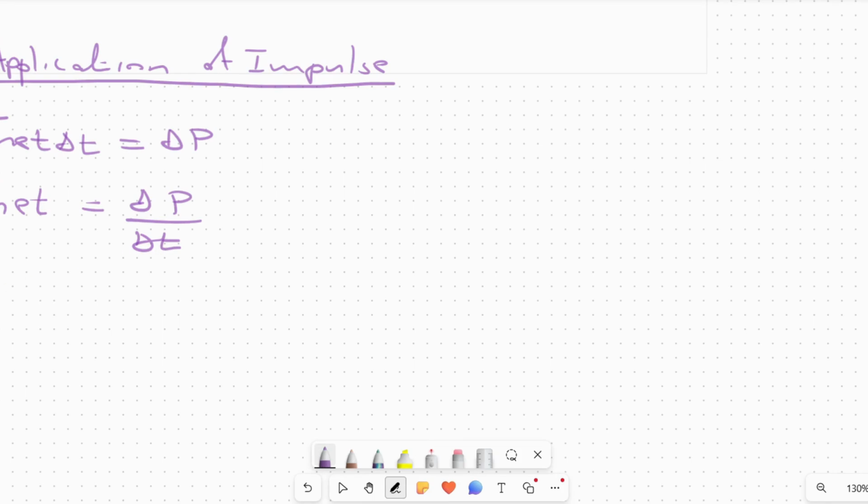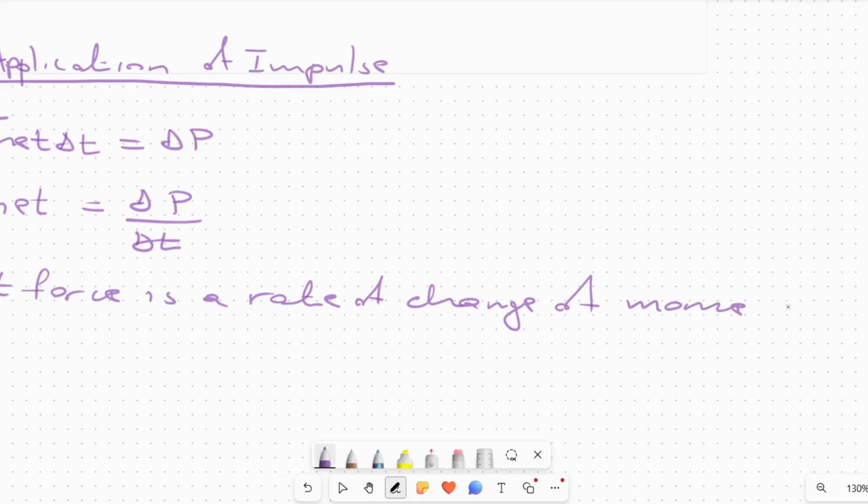So this is another definition of a net force. So we are saying here net force is a rate of change of momentum.